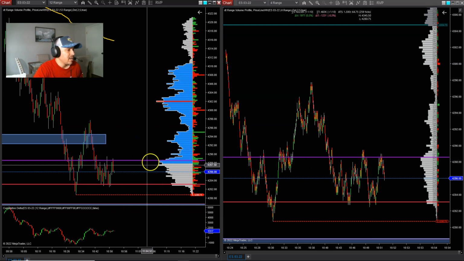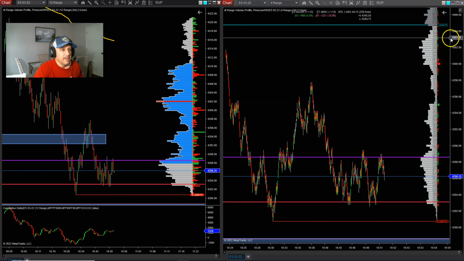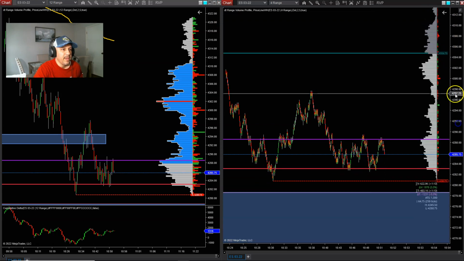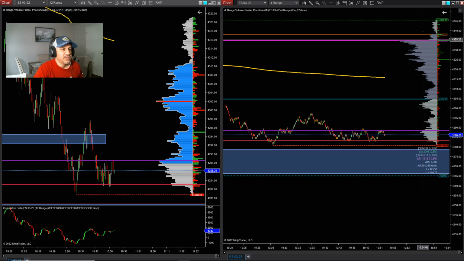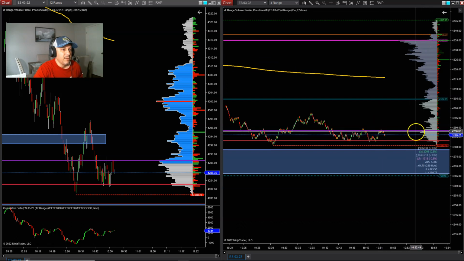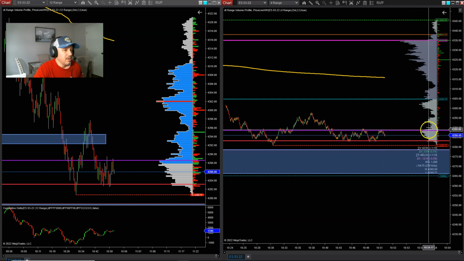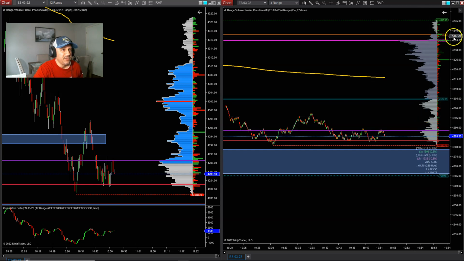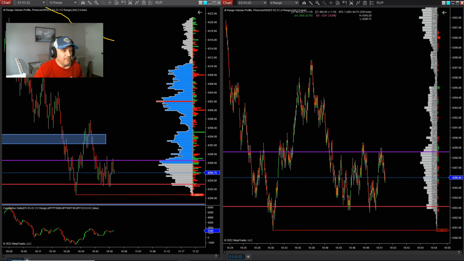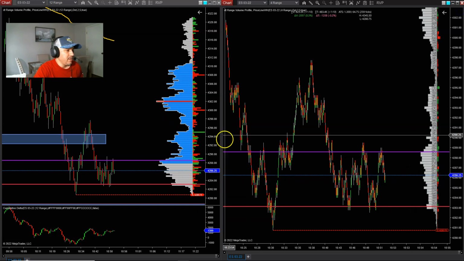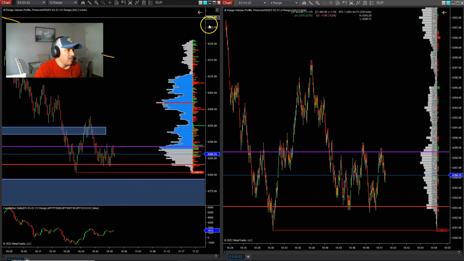Price is moving sideways right now, building volume in this area. The VPOC for today is sitting up at, where is it? It's way up here right now. It hasn't shifted down. It keeps building volume, and it could shift to the downside. But right now, price is playing off of that area of demand on the almost on the 1 hour chart.